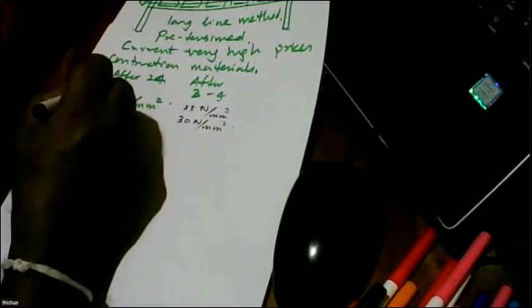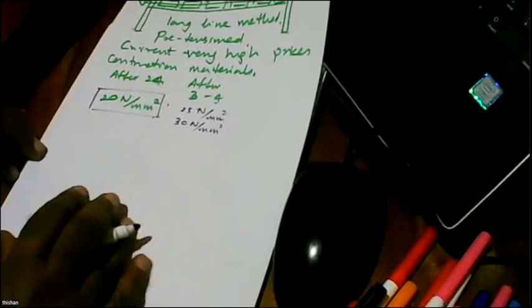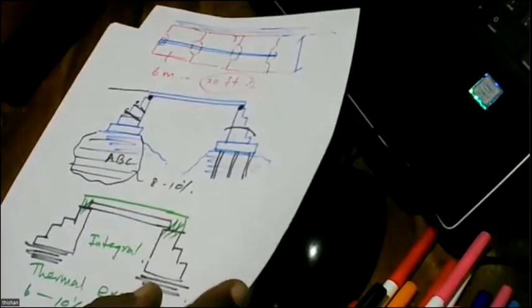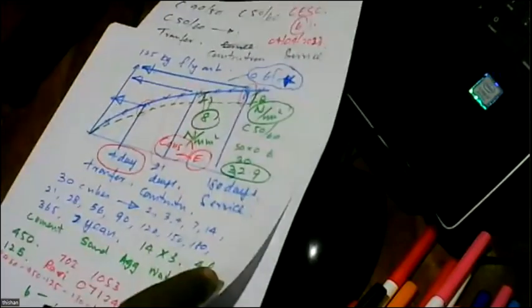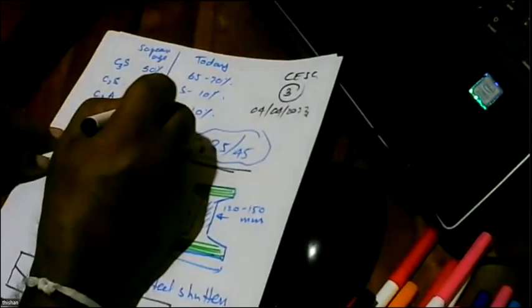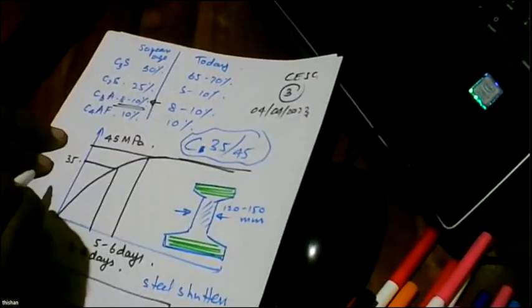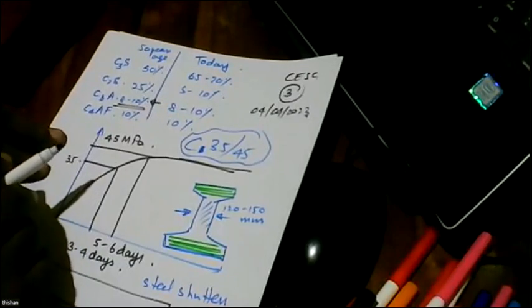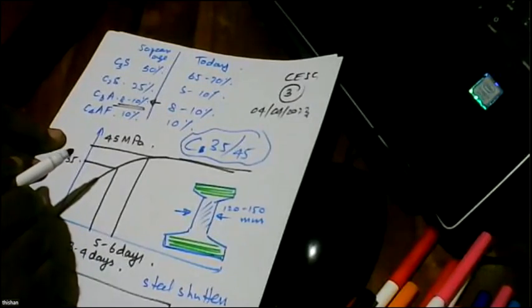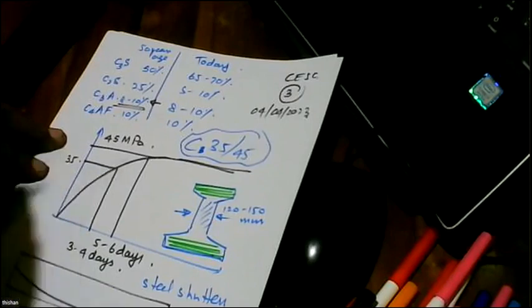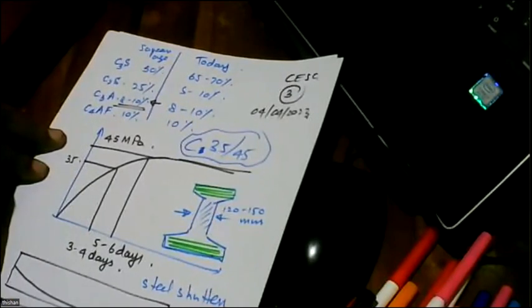But when you say 10 in 24 hours, that means there's something wrong with your concrete knowledge, because if you look at cement, and as you have seen here, cement consists of what? After 24 hours, you get the strength from this. And if you ask for a huge strength, then you are asking the manufacturer of the beam to select a concrete with higher tricalcium aluminate content, which is detrimental.